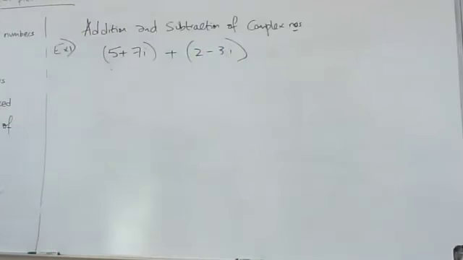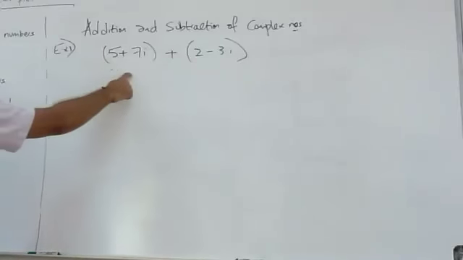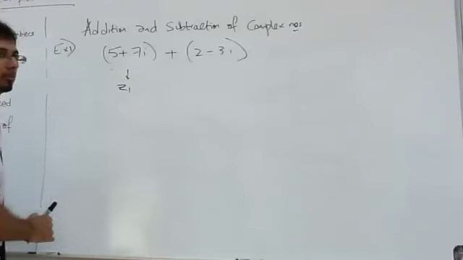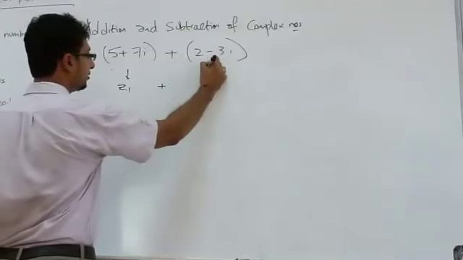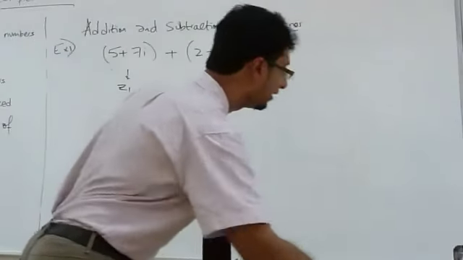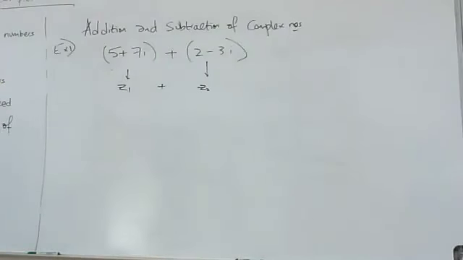Okay, if I need to add these two complex numbers, you know that a complex number is written as a plus bi, so that's one complex number, z1. You're adding it to another complex number, z2. So you need to add these two complex numbers.